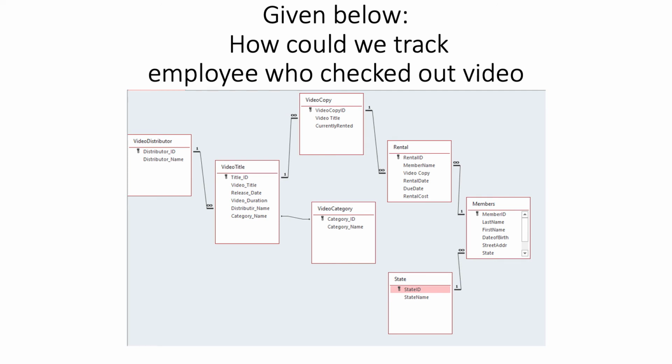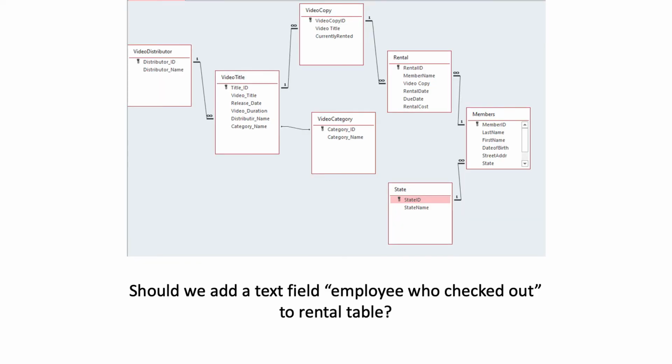Well, there's the data structure we have now. Should we add a text field to employee who checked it out to the rental table? So that you type in Bob Smith every time there's a rental that Bob rents out?